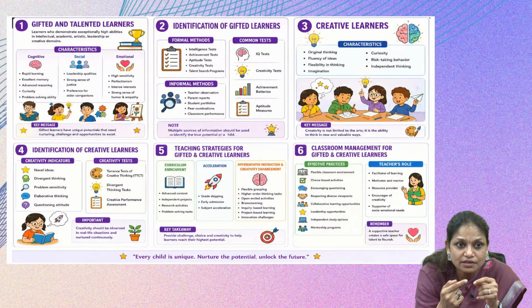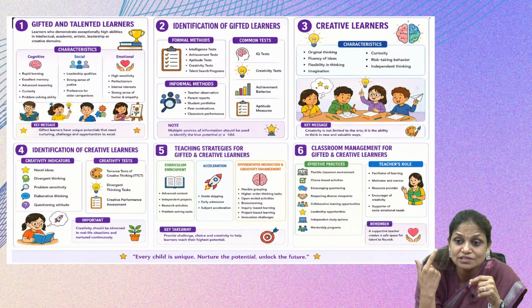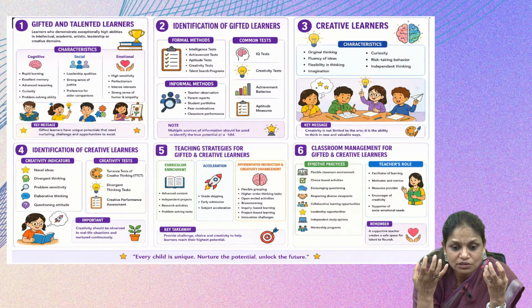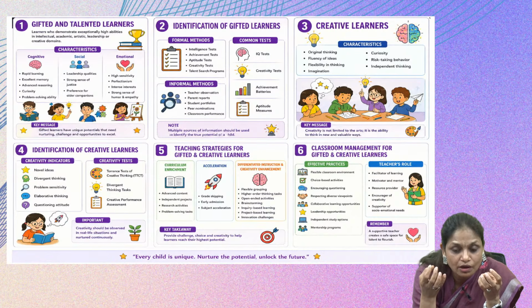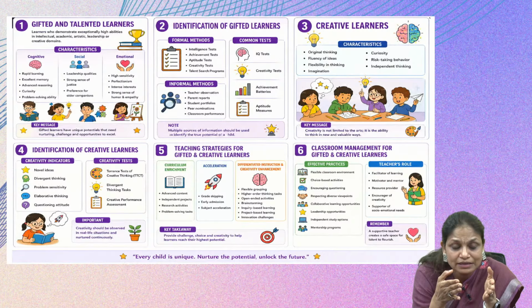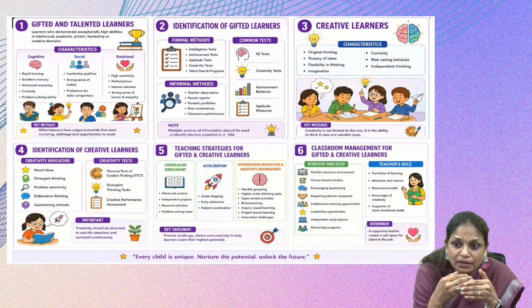Yes, next is related to the educational strategies, what the teacher can do. Because most of the time, the questions focus on the strategies part also. Gifted children, because they have high intelligence, respond quickly and complete the work quickly.